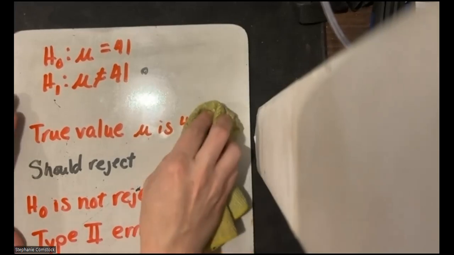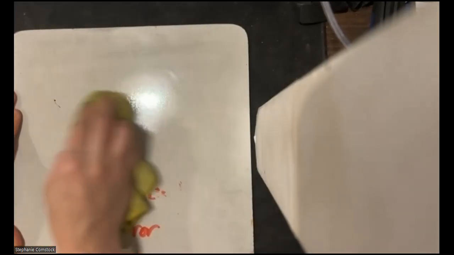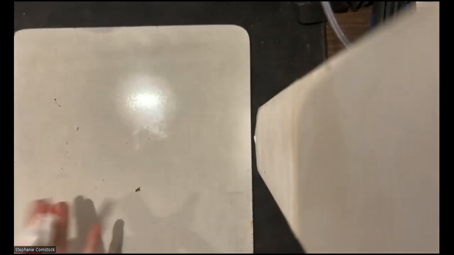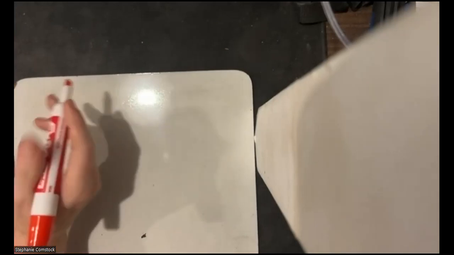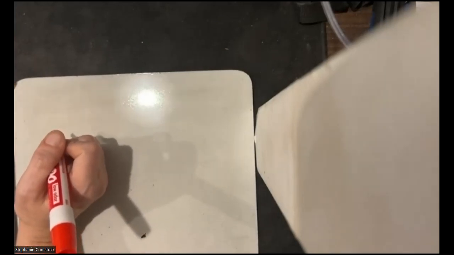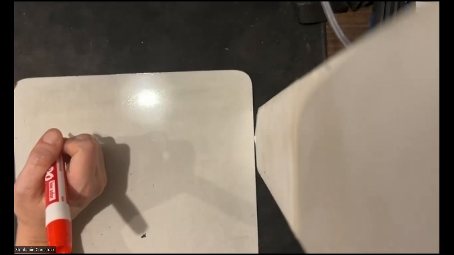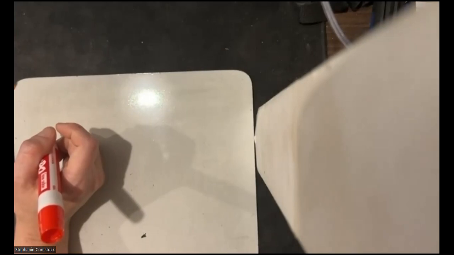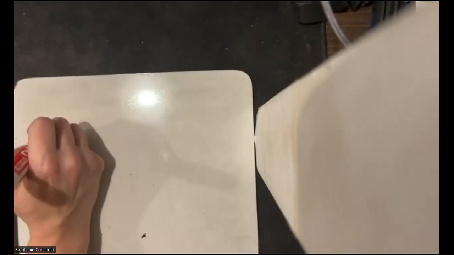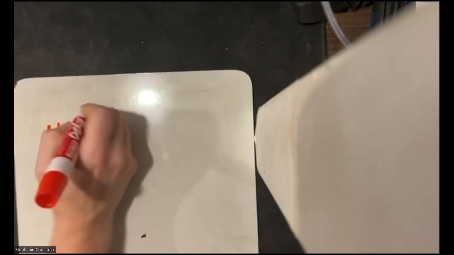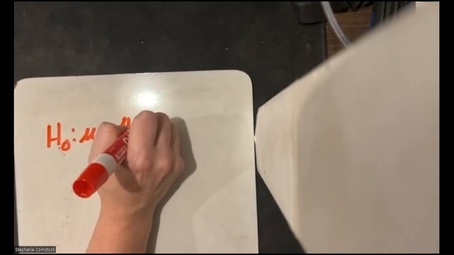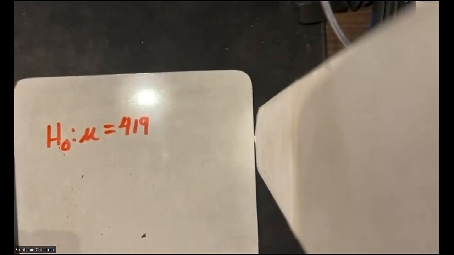Now let's also talk about how to set these up if I'm given a word problem. We've got a new type of fertilizer being tested on a plot of land in an orange grove to see whether it increases the amount of fruit produced. The mean number of pounds of fruit on this plot with the old fertilizer is 419. So H naught: we think that the new fertilizer will still be at 419.